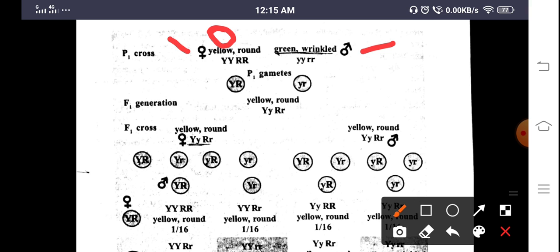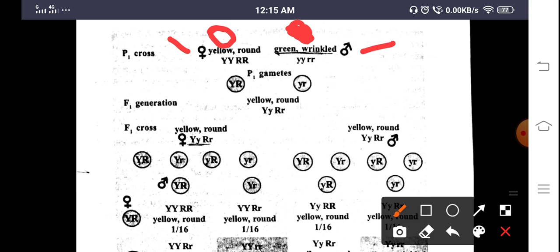But the male pea plant consists of green and wrinkled seeds. So once again, two characteristics we are taking by crossing two plants.